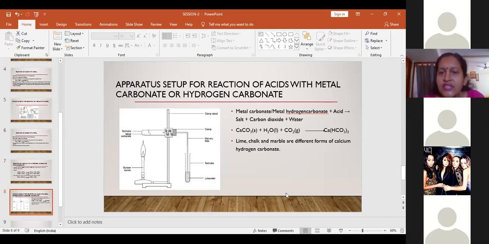Look into your screen and tell. Is it lime, chalk, and marble? Yes, it is.